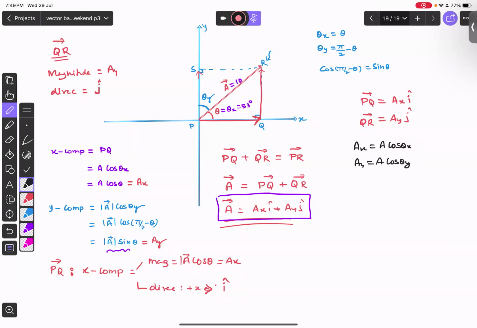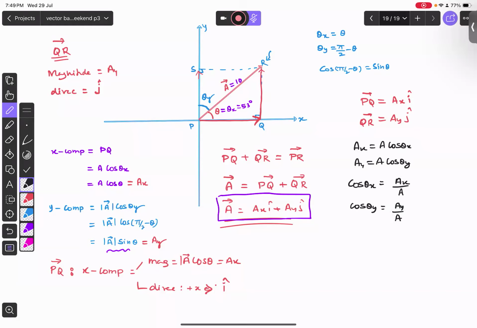Yes, sir. So let me tell you that thing. Before that, I can use this to figure out cos theta x also, if I can find A from it. Yes, sir. I can use it to find cos theta y also, if I can find the length of the vector A.